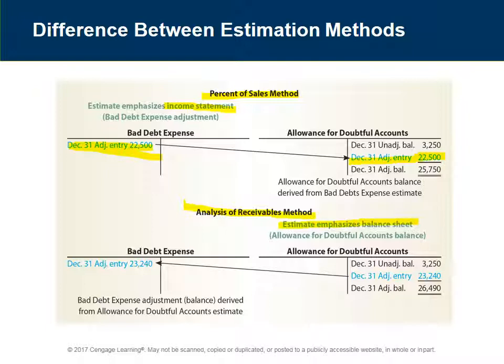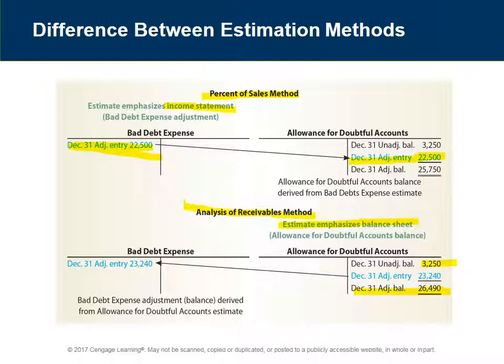The second method emphasizes the balance sheet. Sometimes this is called the balance sheet method of calculating the allowance for doubtful accounts. And in this one, you're targeting a balance. Let me say that again. This one, you're targeting the balance sheet ending balance.